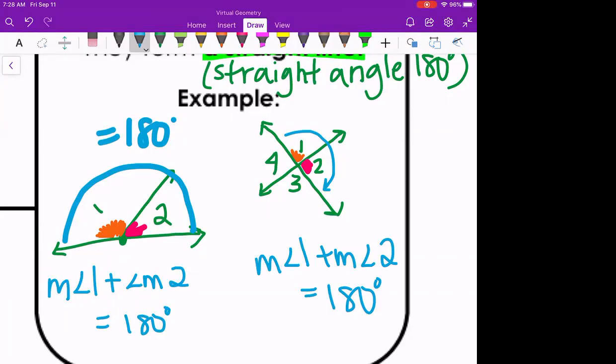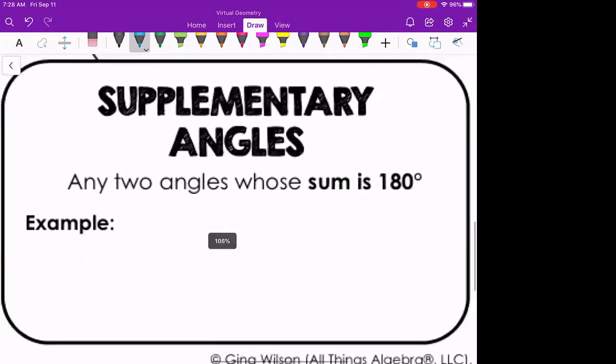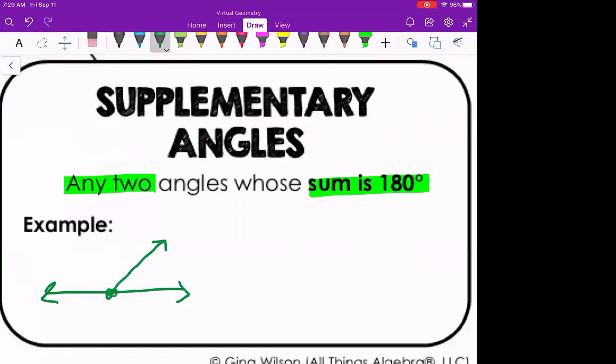All right, so let's keep going straight around our figure here, and we have that idea of supplementary. More specifically, supplementary angles are any two angles that have a sum of 180, whether they are linear pairs like we just saw. So I'm going to get that same picture back up here. Angle 1 and angle 2, those would be considered supplementary.